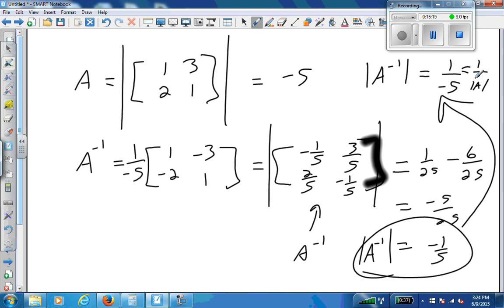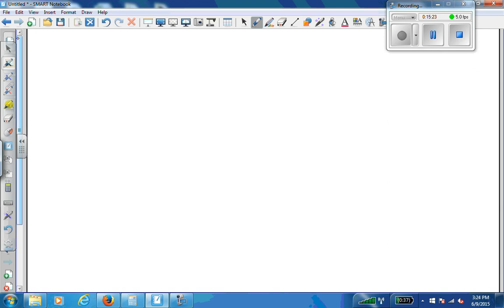So the last thing mentioned in this section, we've been collecting equivalent statements as we go. So all of the following statements are equivalent for an n by n square matrix. A is invertible.